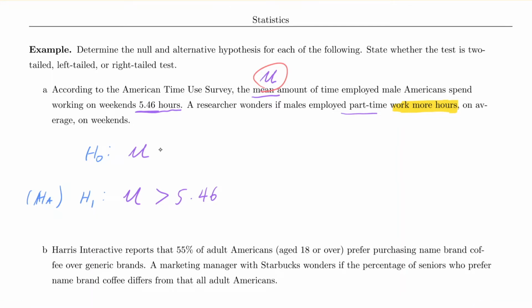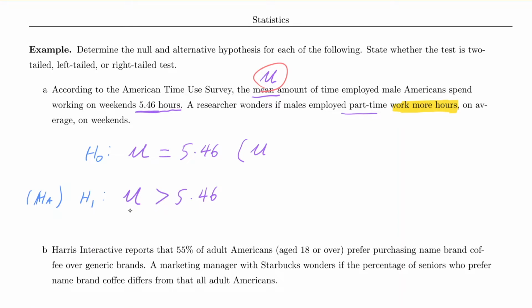Null hypothesis is actually unchanged, no effect. And we can also think null hypothesis is the opposite of alternative hypothesis. So in this case, mu is 5.46 hours, so unchanged. For null hypothesis, though, we can also write the opposite of the alternative hypothesis.